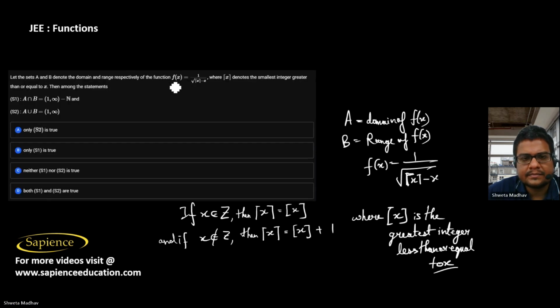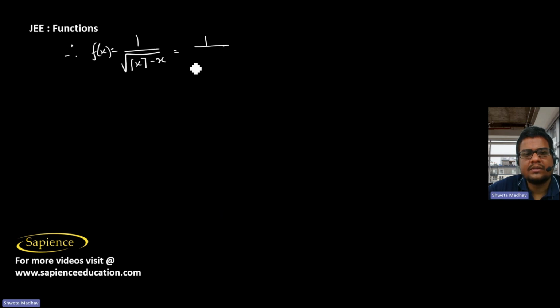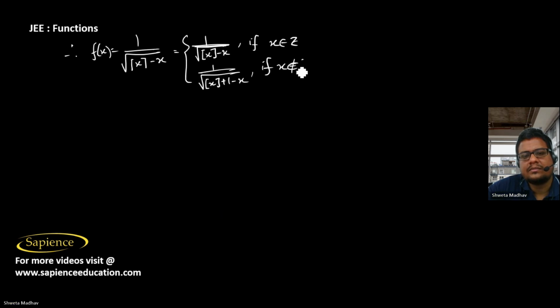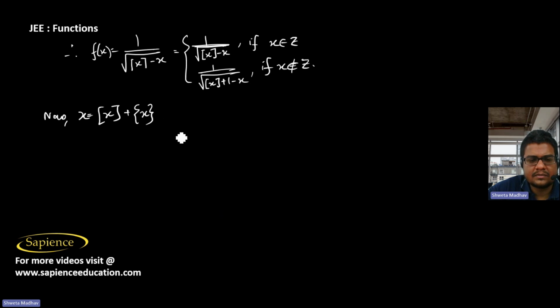So therefore, this function, which is 1 by square root of smallest integer of x minus x, can be written as 1 by square root of bracket x minus x if x belongs to Z, and 1 by square root of bracket x plus 1 minus x if x does not belong to Z. As we know, x can be written as the greatest integer of x plus the fractional part of x.